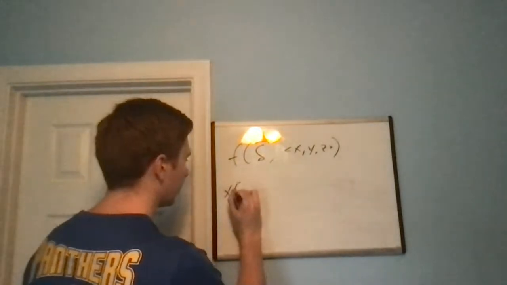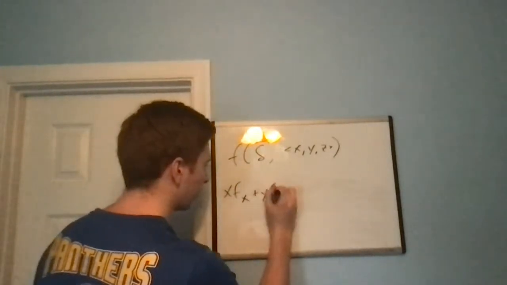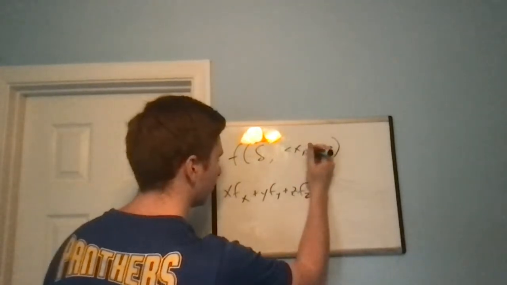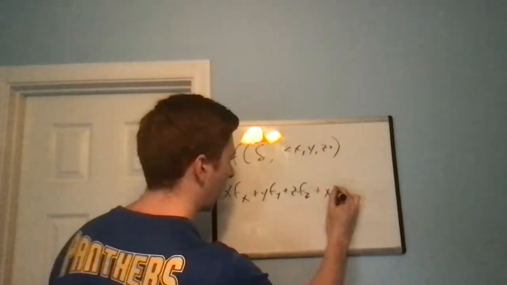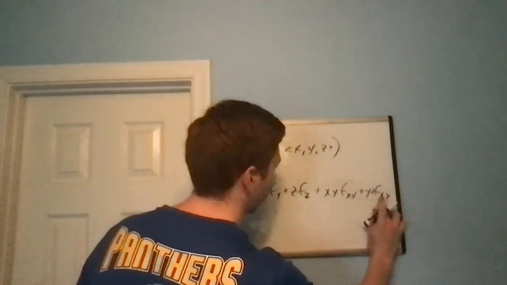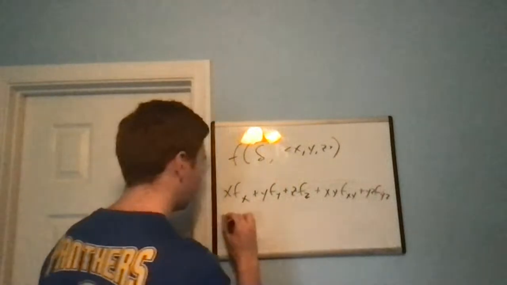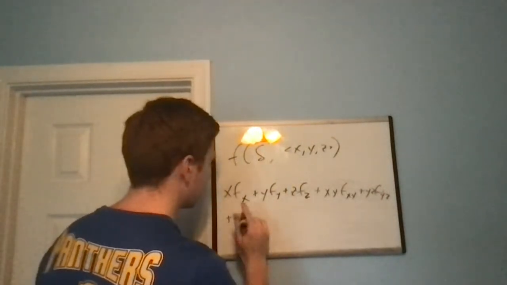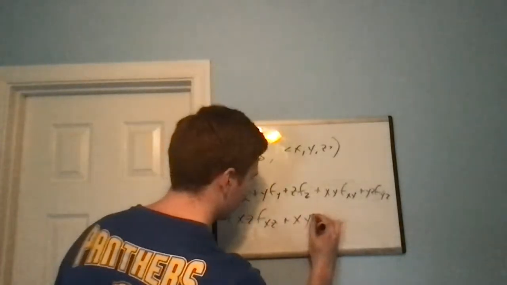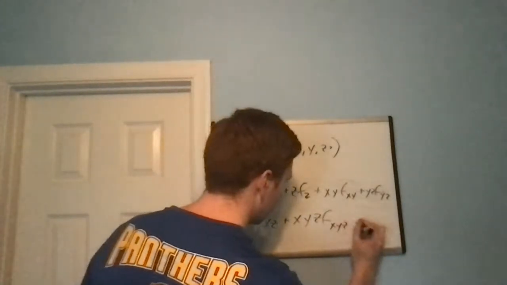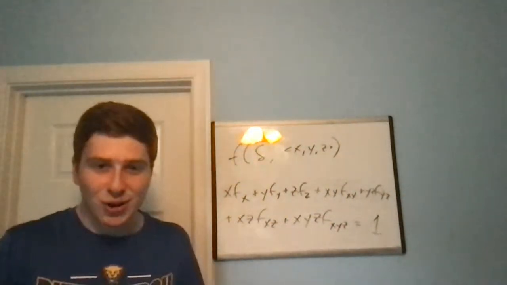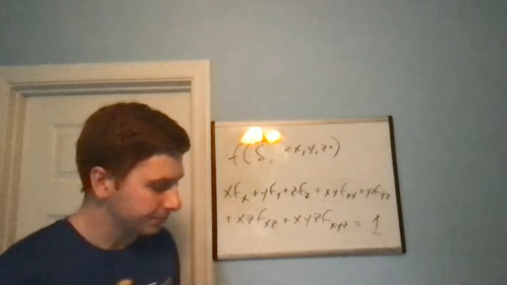Then you get x derivative with respect to x, y derivative with respect to y, z derivative with respect to z, plus xy fxy plus yz fyz plus xz fxz plus xyz f of xyz equals 1. Okay. So maybe you see the pattern.